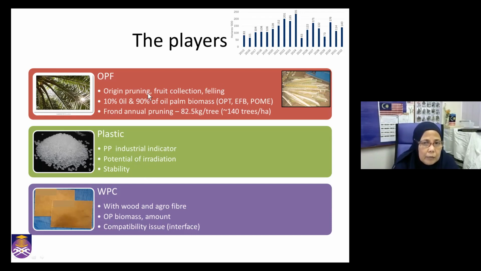Now, just now we were looking at our palm trunk. Admittedly, there is a lot of material there, and just last year 106,000 hectares were replanted. So you can imagine there is about 50 million metric tons of material we are working with. Now, oil palm frond, why is it something we want to look at?